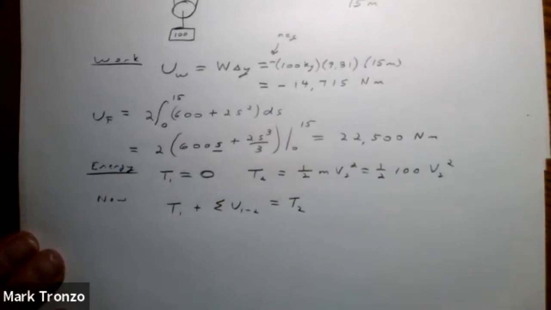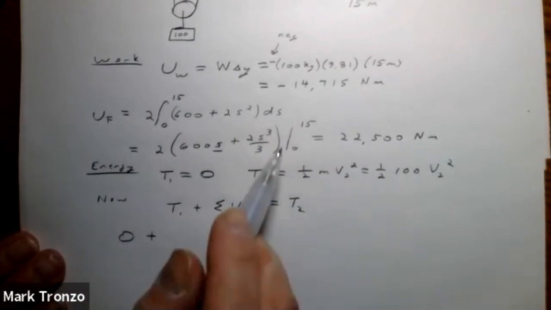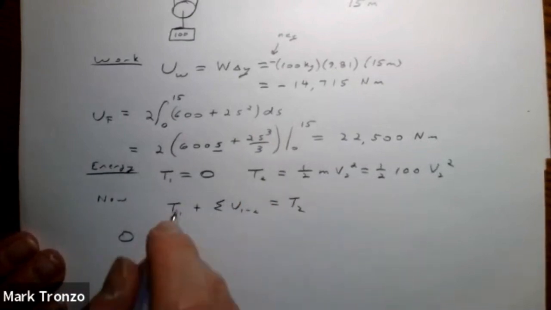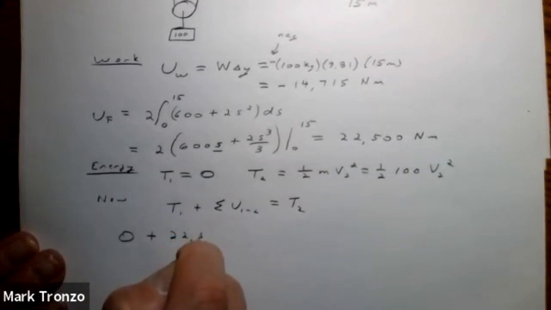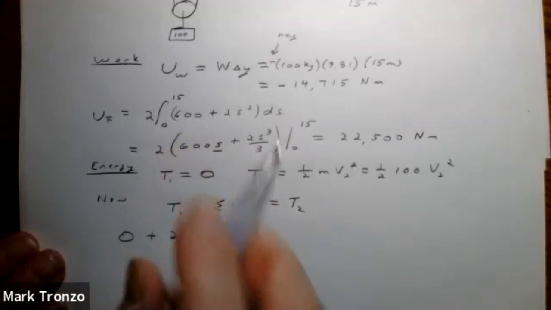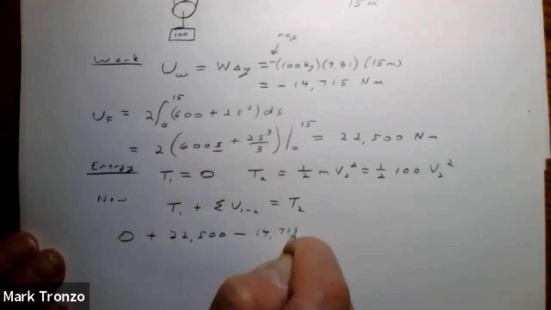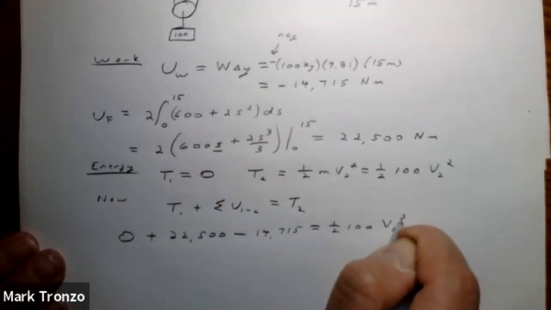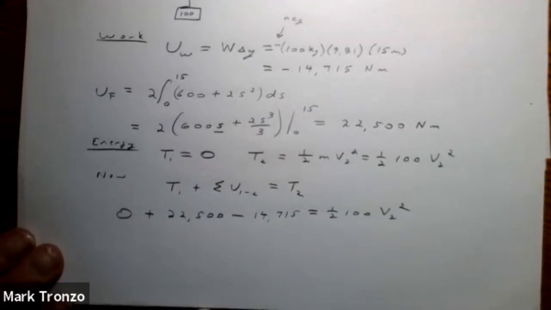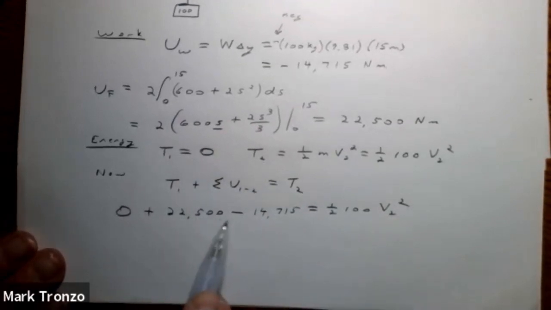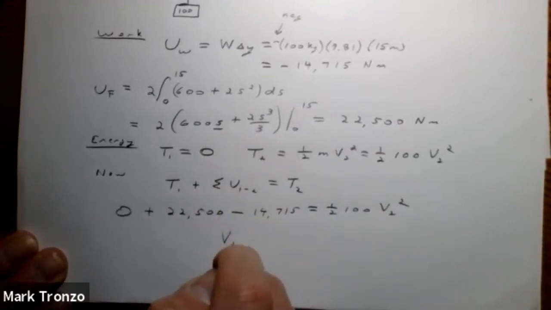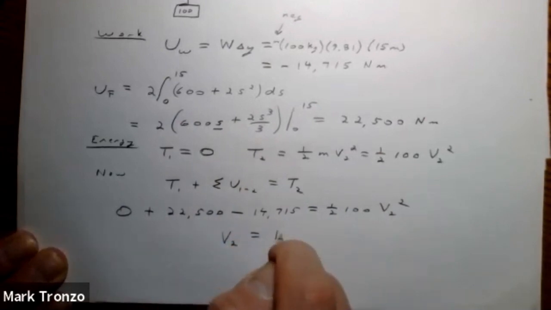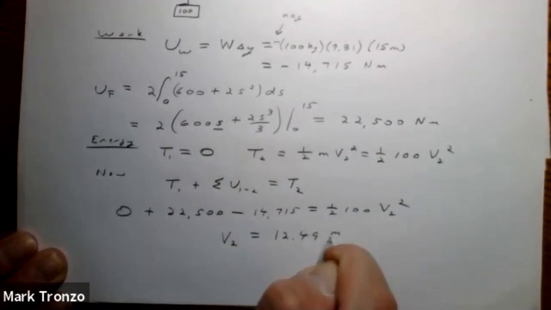Again, the initial kinetic energy is 0 plus our work. So we had 22,500 minus the work from the weight, 14,715, equals 1/2 times 100 v2 squared. Put that all in your calculator, divide by 50, take the square root. I got V2 equal to 12.49 meters per second.